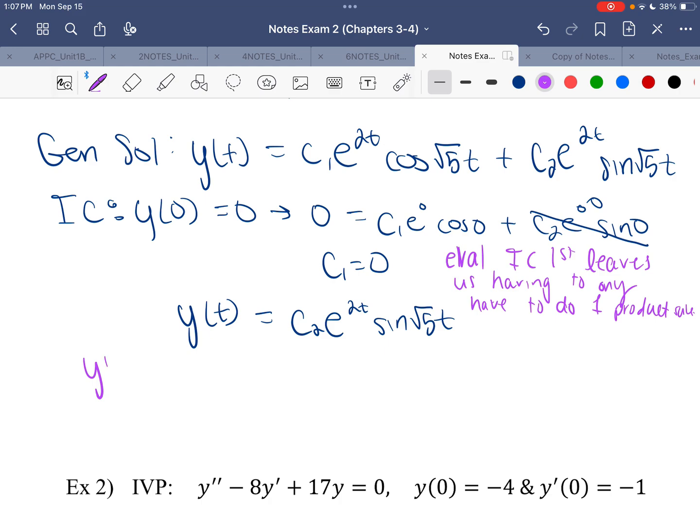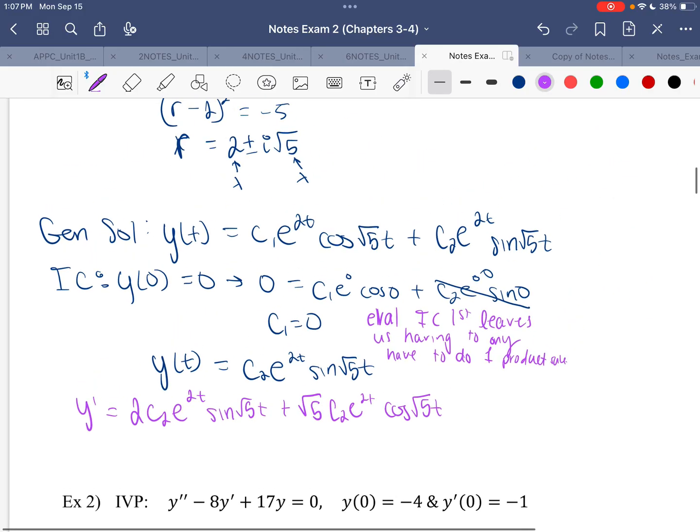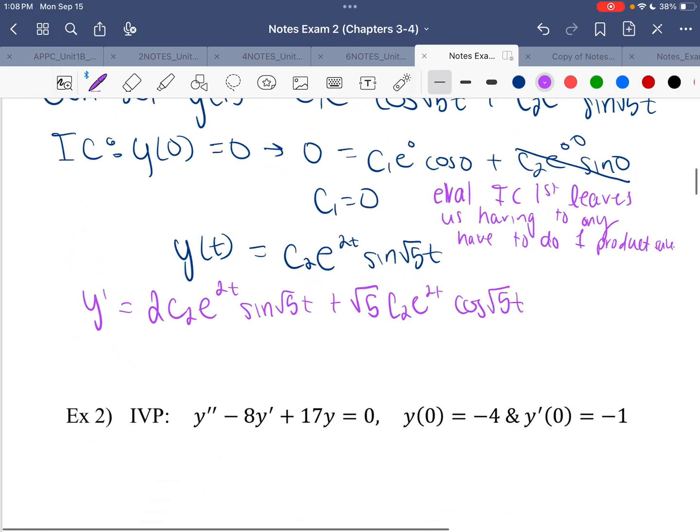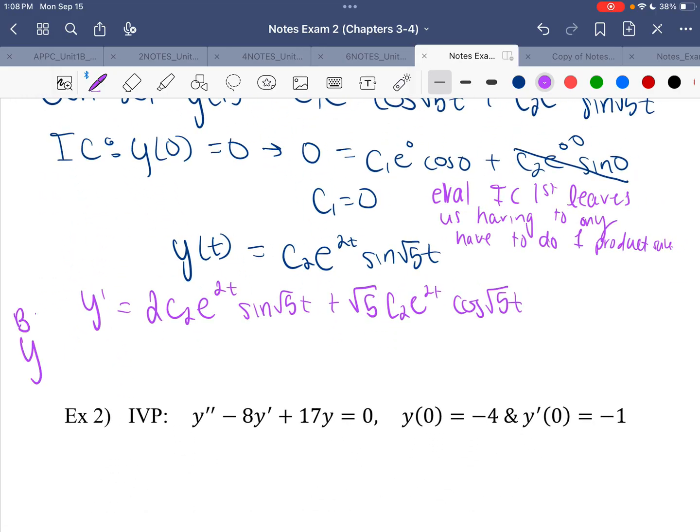Okay, so y prime is equal to 2c2 e to the 2t sine square root of 5t plus square root of 5 c2 e to the 2t cosine square root of 5t. Okay, and our other initial condition was -8.